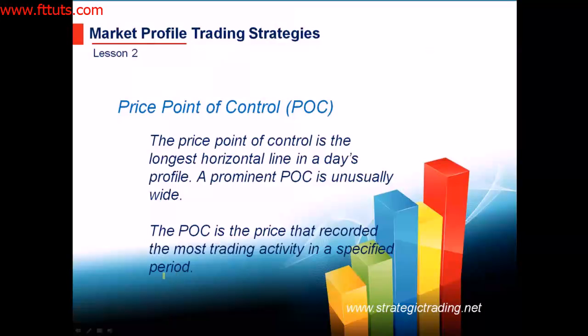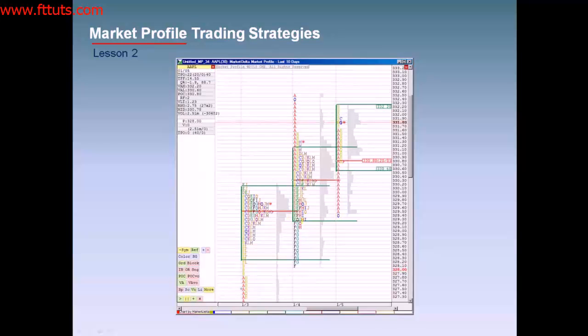Another important concept that I want to talk about today, and I see that I'm running a little bit over, is the price point of control, our POC. The price point of control is the longest horizontal line in a day's profile. A prominent POC is always unusually wide. Now, take a look here. I'm going to identify them for you.